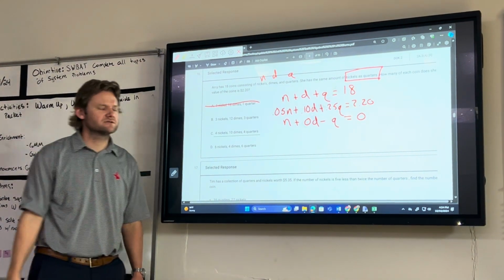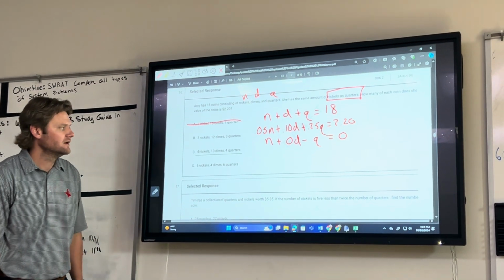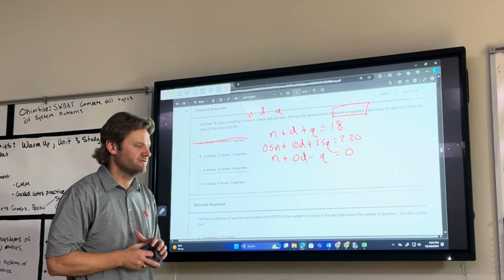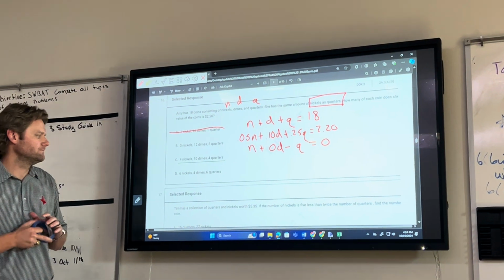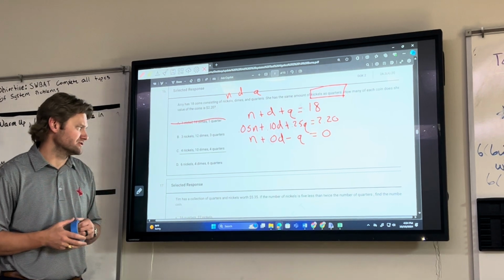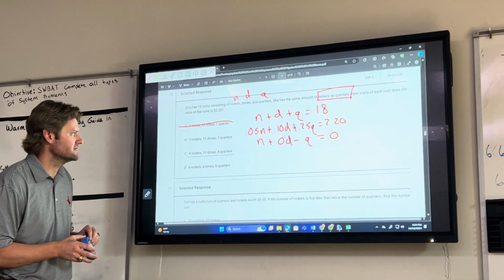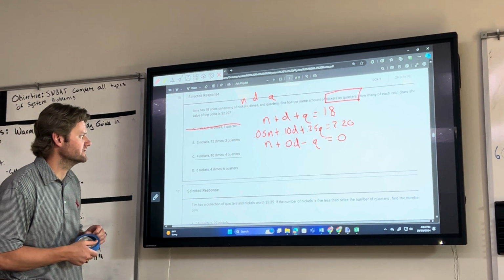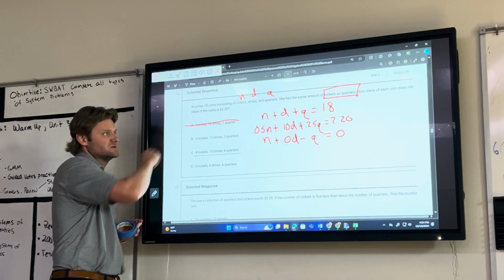You could do some of that, where you're just adding to see if they equal 220. If you get stuck, don't be afraid to work from the answers backwards. Figure out which of these are even possible to be solutions. There's a couple of these that I don't think get close to 220. So you could probably figure out the answer just multiplying these back.